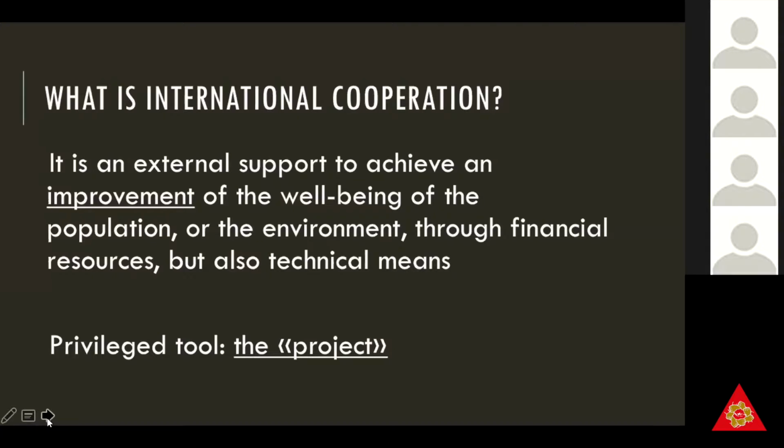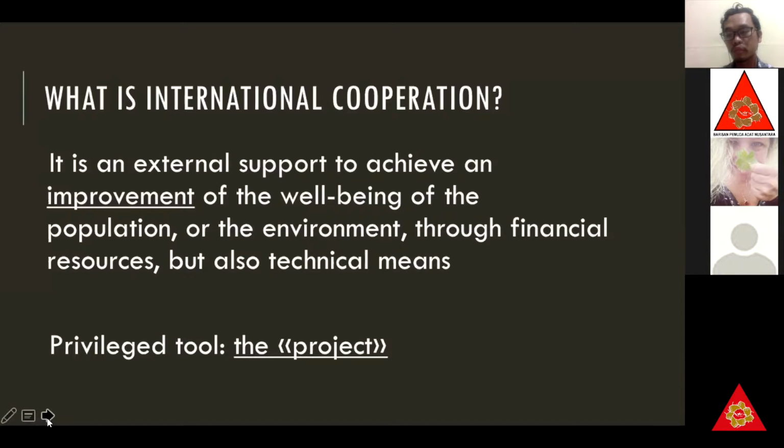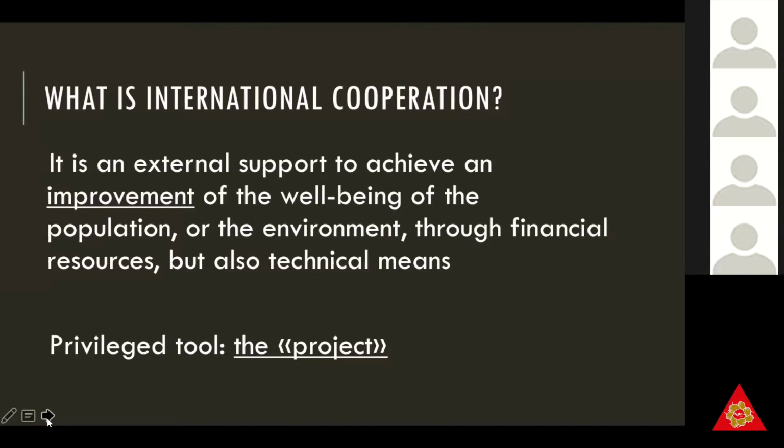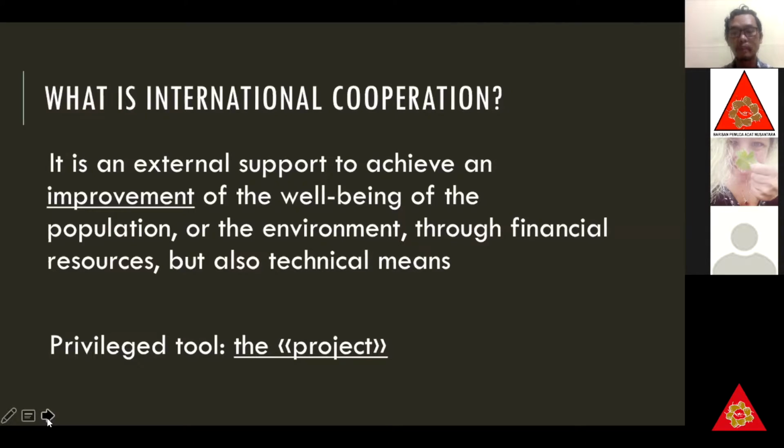So here the key word is improvement. We want to improve the situation. We want to change. So the international cooperation is mostly from abroad, but you could also have cooperation and projects from your country. The main tool used is the project.